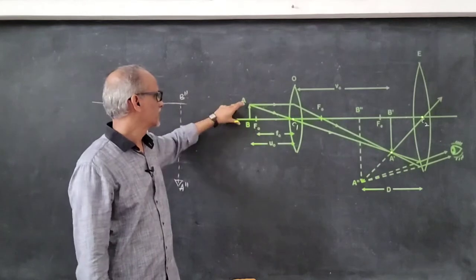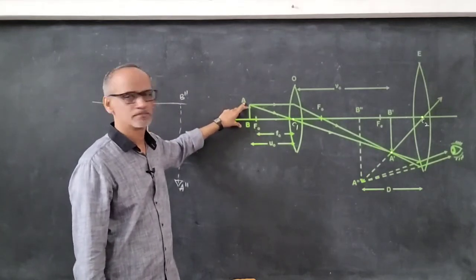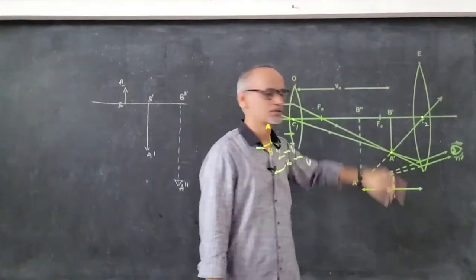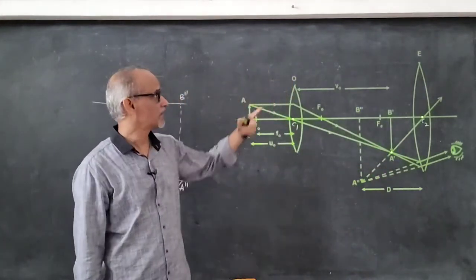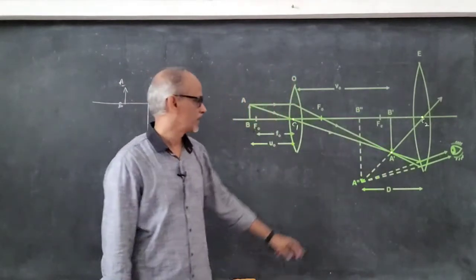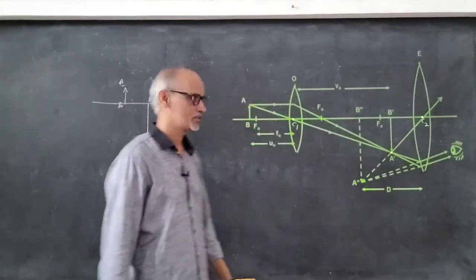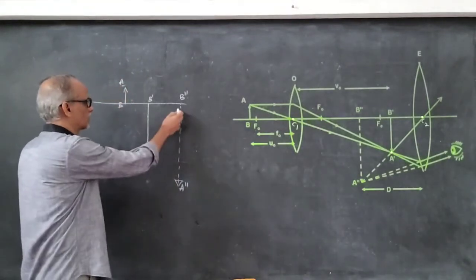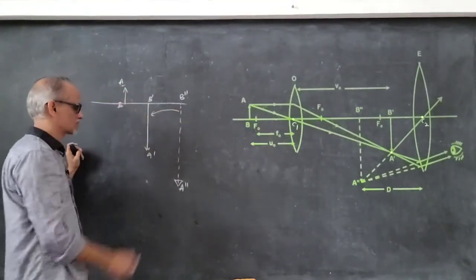So let me repeat, AB is the object for the objective, and its image is A dash B dash. Now for the eyepiece, A dash B dash is the object, and its image is A double dash B double dash, which is here. You compare the image with respect to this.